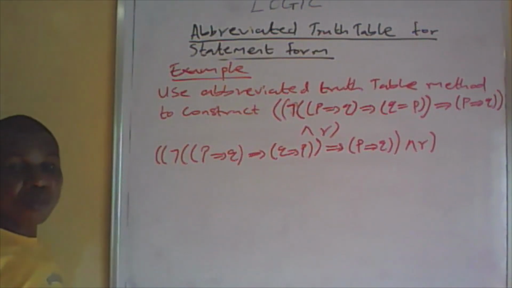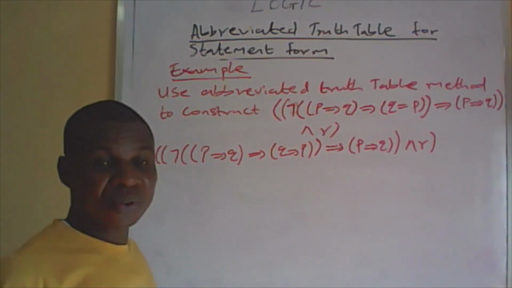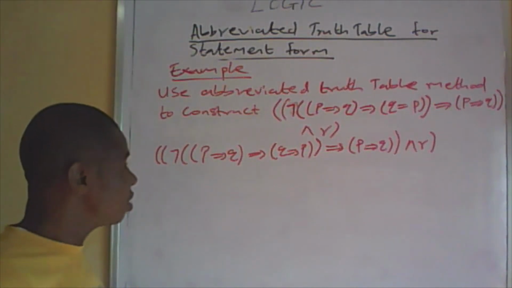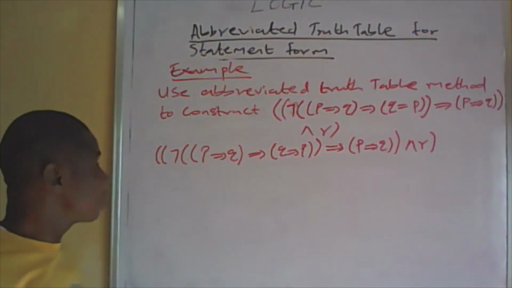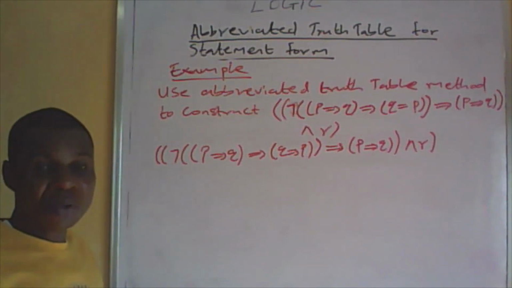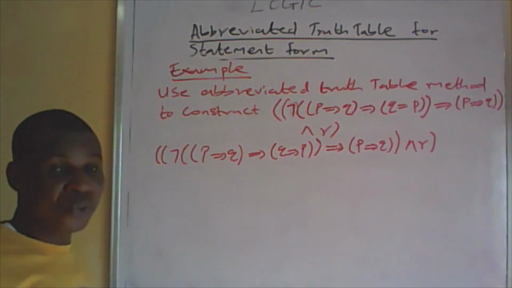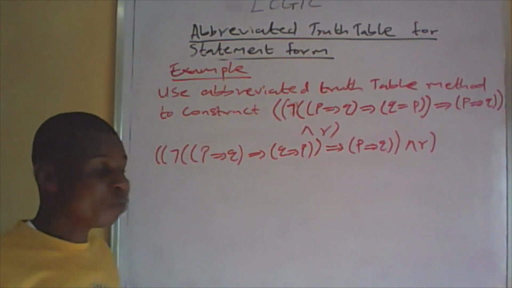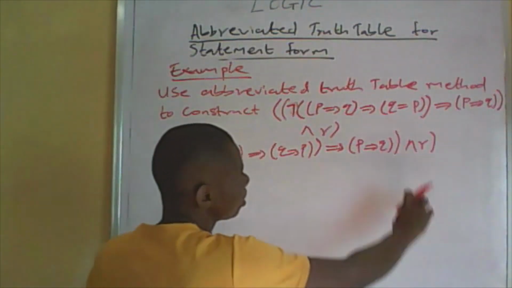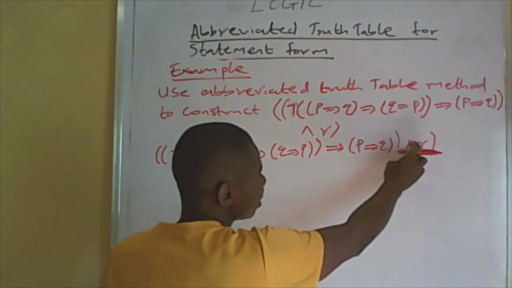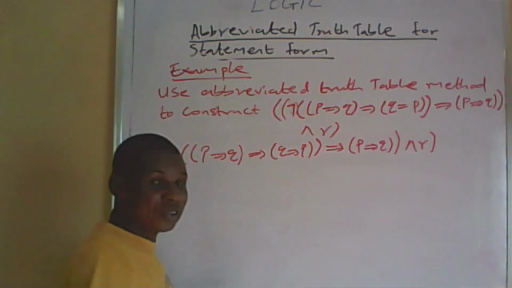Now we can determine the main connective, or the principal connective, of this statement form. Whenever you remove the outer bracket, you can determine the principal connective of a statement form. For example, if you remove this outer bracket, we know that this statement is being formed by the and connective. That means conjunctive connective.